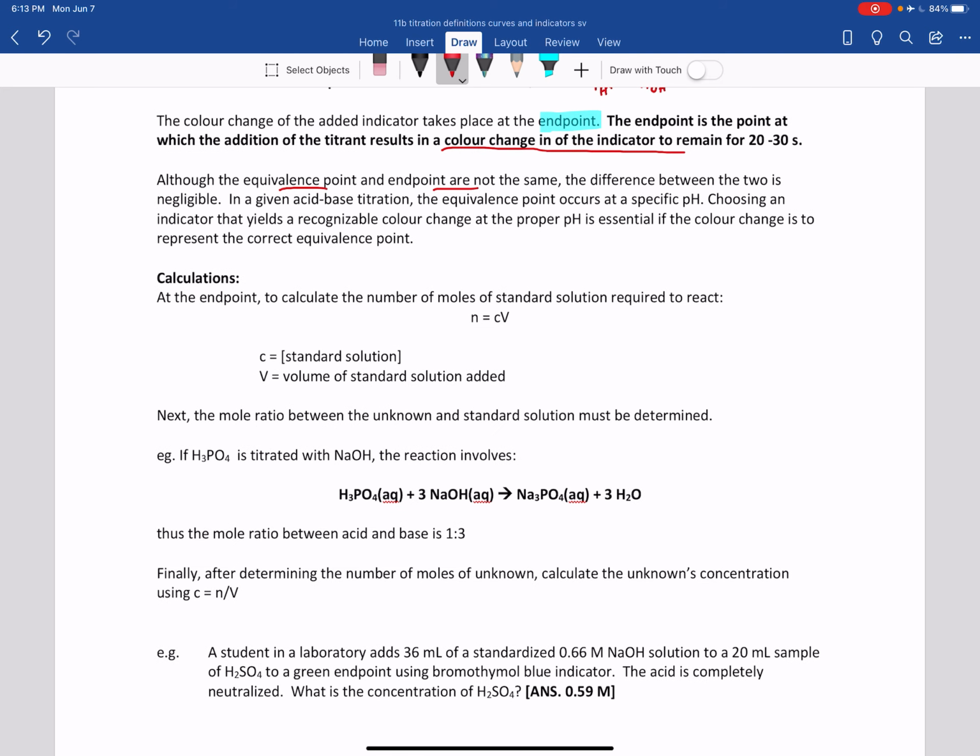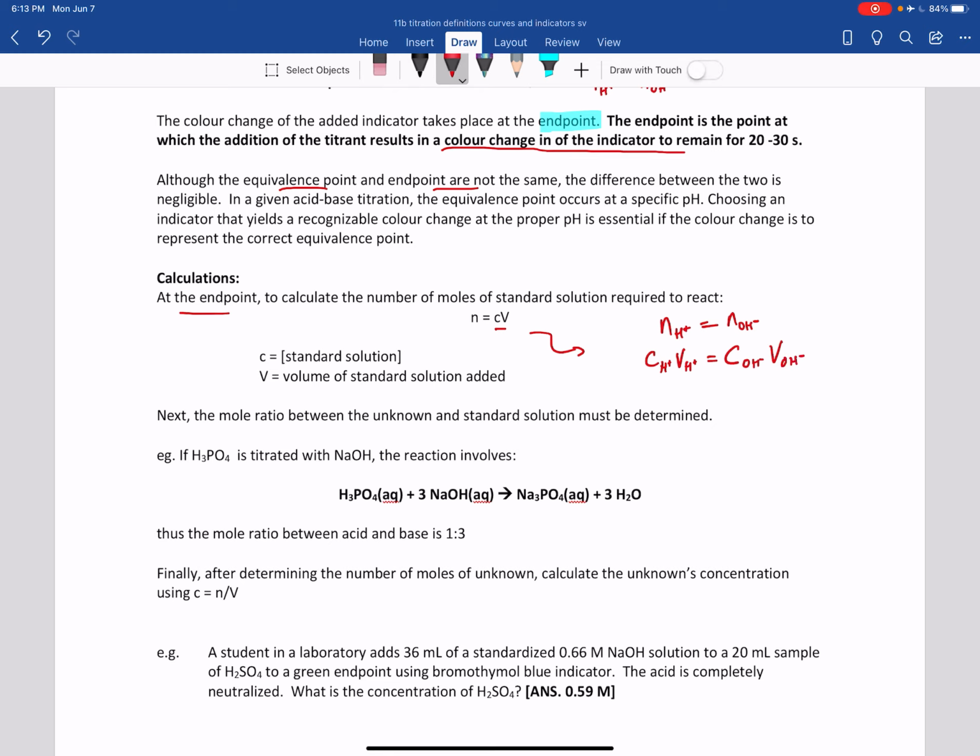So from a calculation standpoint, we know that in our scenario, in general, the number of moles of a solution is equal to the concentration times the volume of that solution. So you can see that there. At the endpoint, we say that the moles of hydrogen equal the moles of hydroxide. So based on that, and by substituting that in, the concentration of the hydrogen times the volume of the hydrogen is equal to the concentration of hydroxide times its volume.